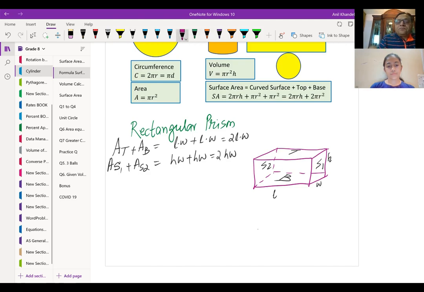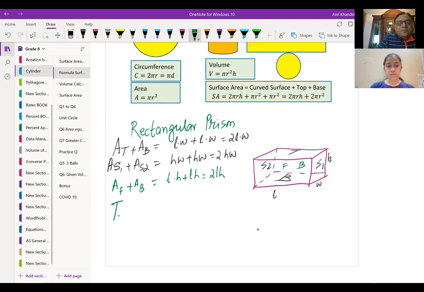Let me change the color here for this front and back. This is my front, and that is my back. So front and back area: the sides are length and height. So length times height plus length times height, so 2 times length and height, correct?